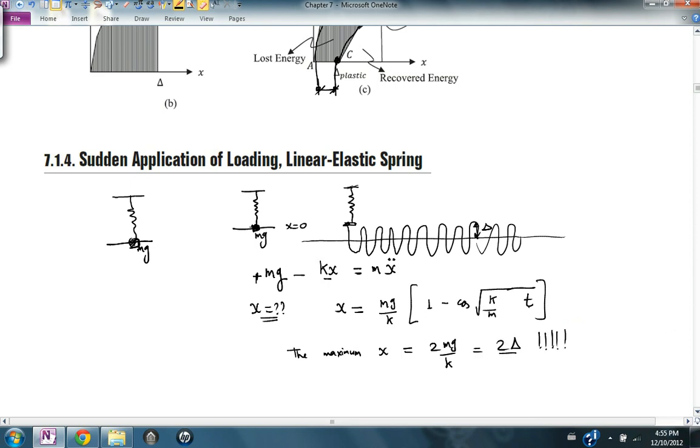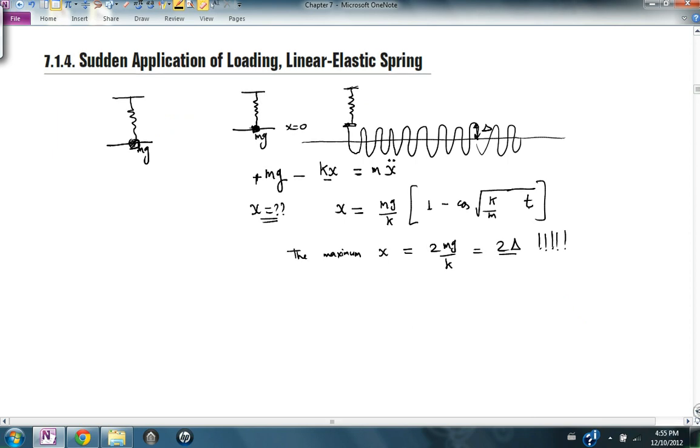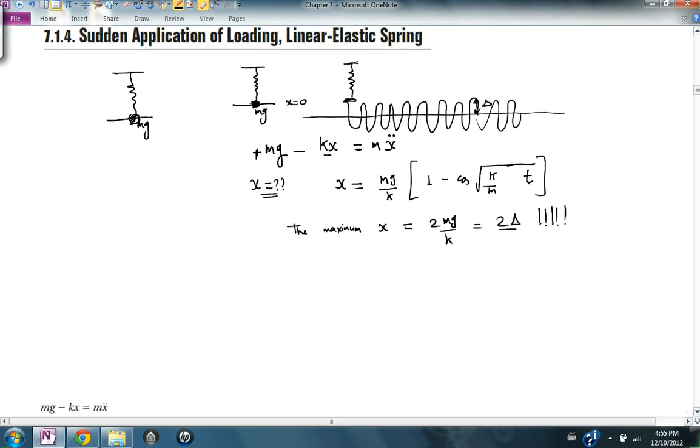Now this is very important for the design of structures that have some dynamic load application. For example, if I have a bridge and the cars come onto the bridge, there is a dynamic effect that depends on the length of the bridge.